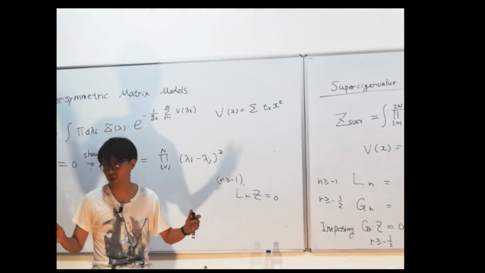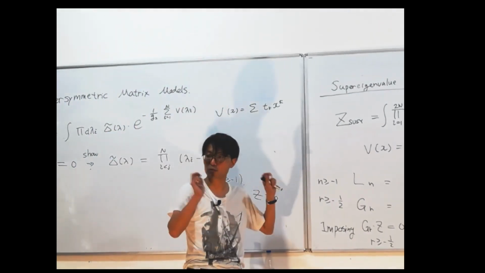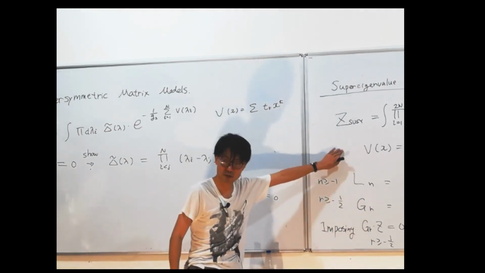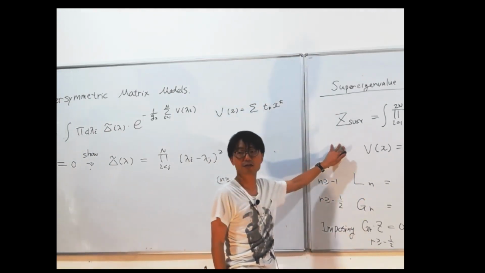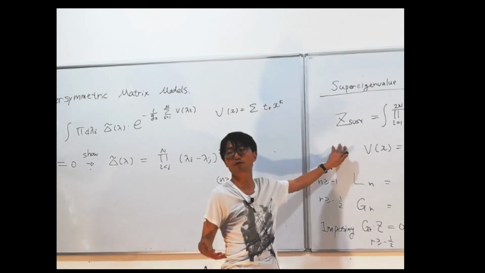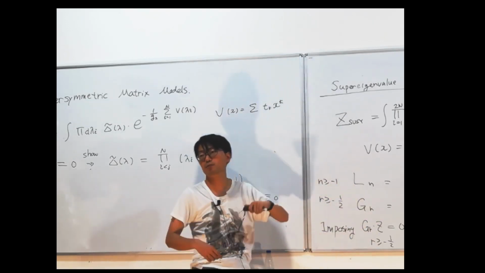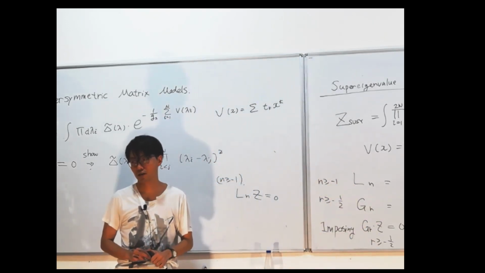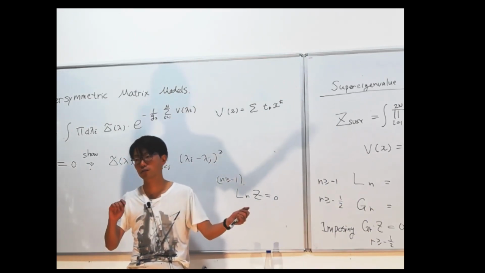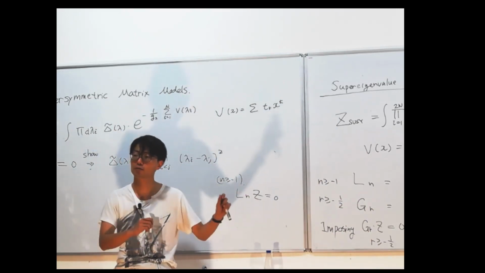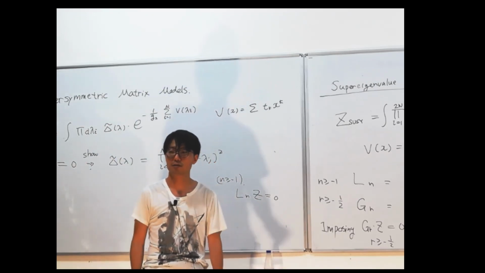So you can ask the same question: if you take the double scaling limit, what happens in this case? That in fact is going to be exactly the supersymmetric analog of the conventional thing. But you can actually show that from the VOA point of view. Is that okay?